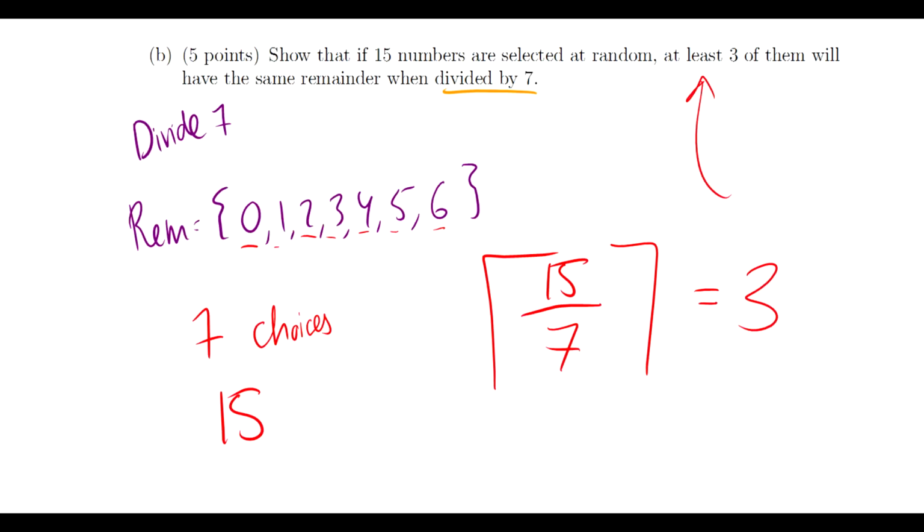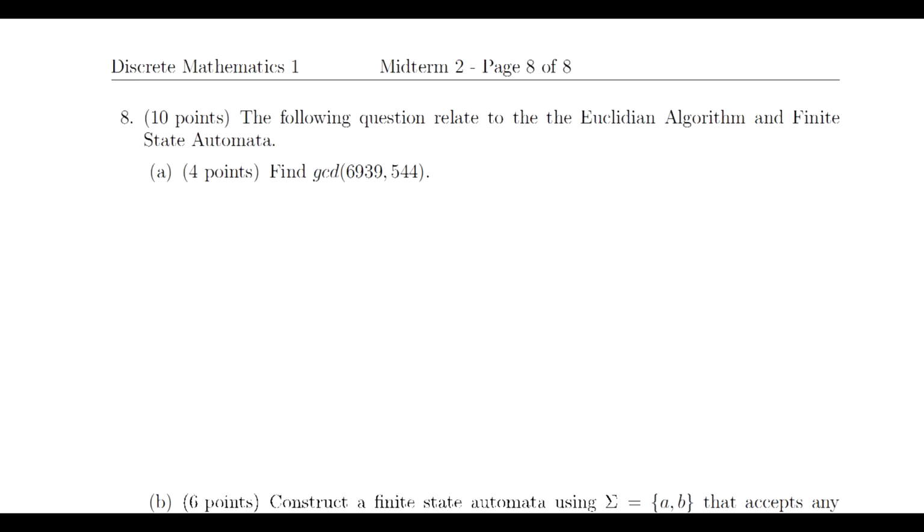Because there are only 7 choices and you have 15 numbers, you have 7, 7, and then an extra one left over. That same question was done in the video as well, just with sums instead of remainders.